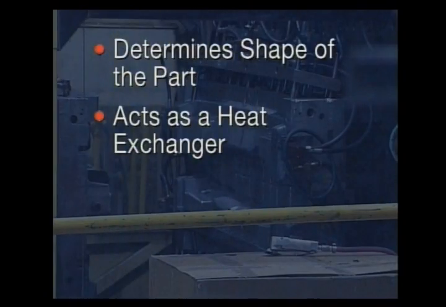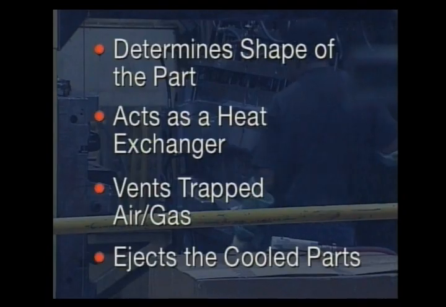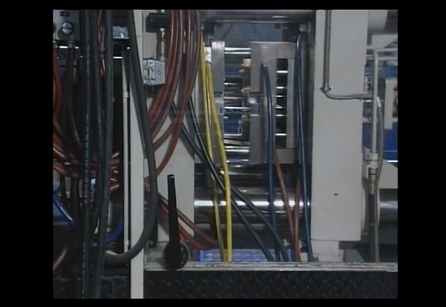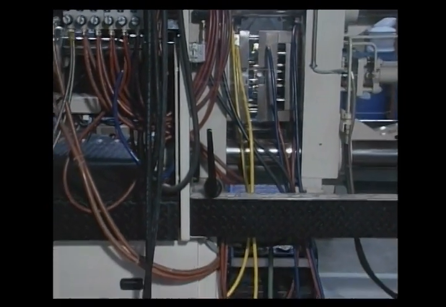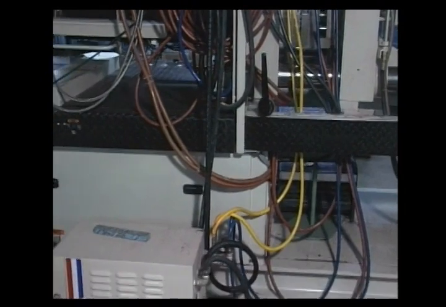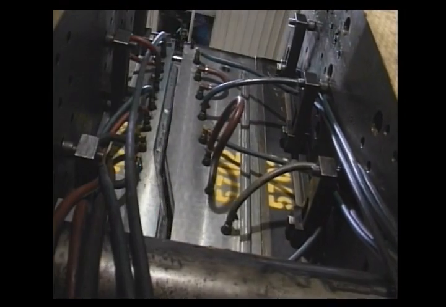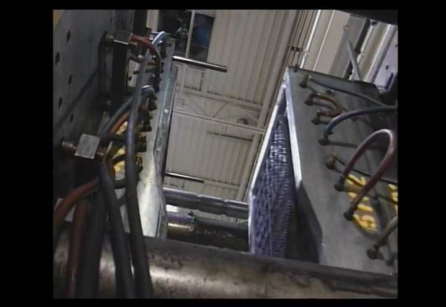In addition, the injection mold vents trapped air or gas and ejects the cooled parts. The speed of the injection molding production cycle is controlled by the efficiency of the mold's cooling system. Aside from producing acceptable parts, efficient cooling is the most important factor of the injection molding process.